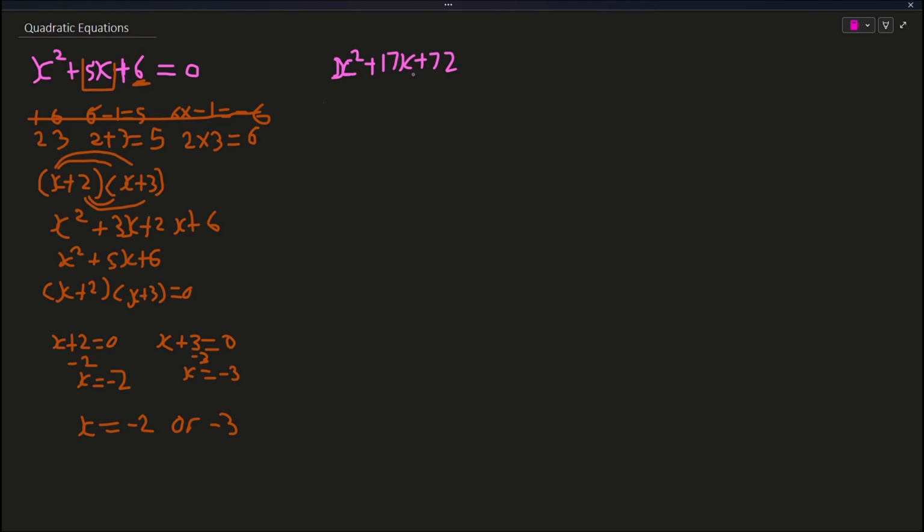So what numbers multiply to get 72? We got 1 times 72, that's clearly simple.